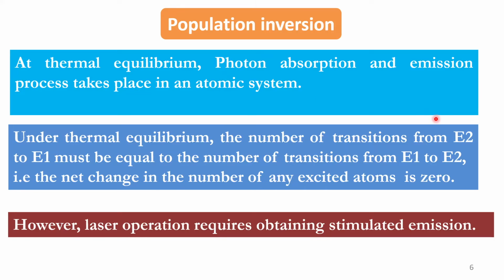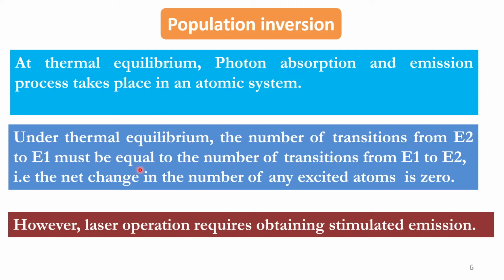Now we are going to see in detail about the population inversion. What do we mean by the population inversion and why is it important in the lasing action? In the first chapter we have seen that at thermal equilibrium the photon absorption and emission processes take place in an atomic system. And we know that under thermal equilibrium the number of transitions from E2 to E1 must be equal to the number of transitions from E1 to E2.